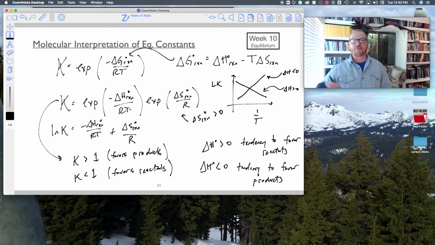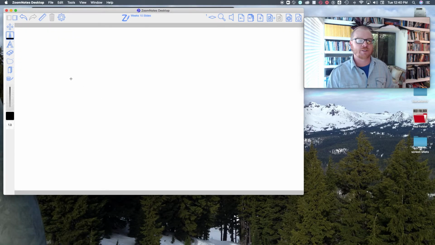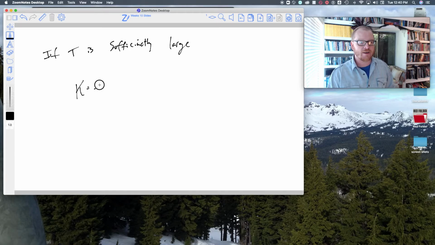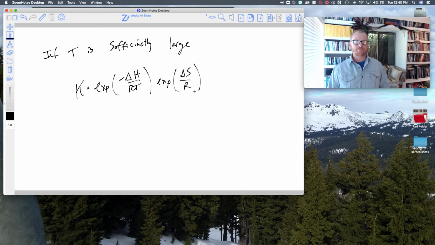So in other words, if the temperature is sufficiently large, I think I ran out of slides here, but let's add another slide. If T is sufficiently large, and let's go back to this expression, right? K equals the exponential of negative delta H over RT times the exponential of delta S over R, okay?